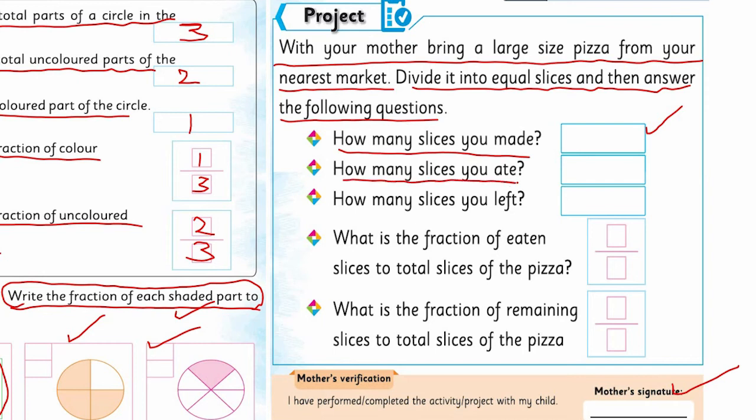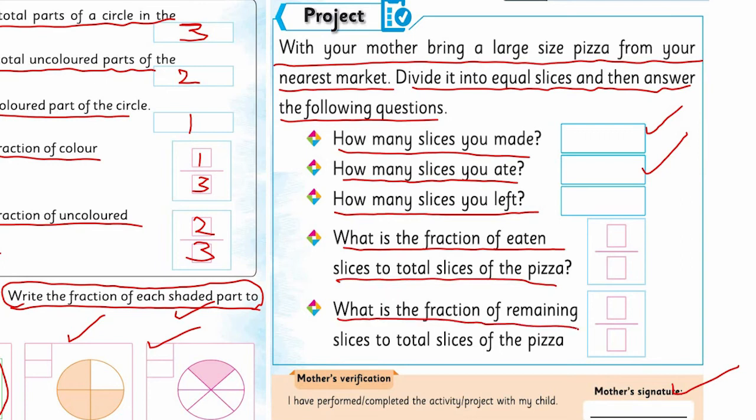How many slices you ate? Right here. How many slices you left? What is the fraction of eaten total slices of the pizza? What is the fraction of remaining slices to the total slices of the pizza? You should write here. Students, complete this project with your mother at your home.